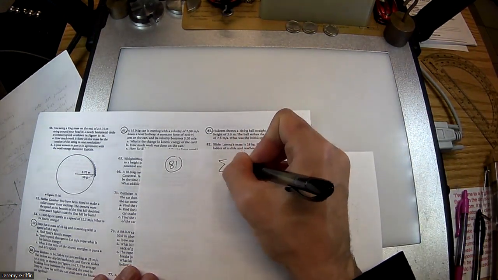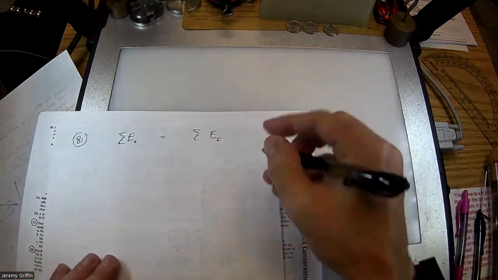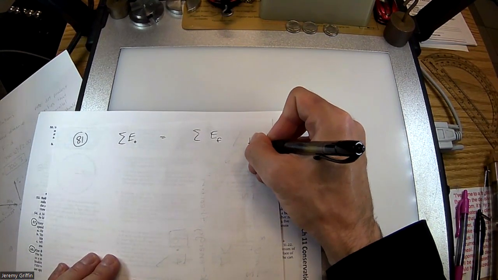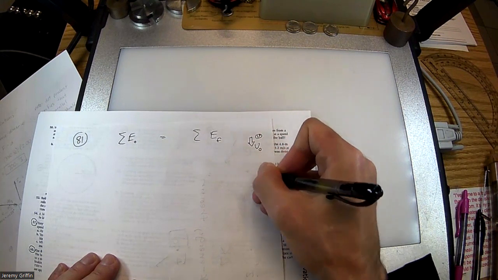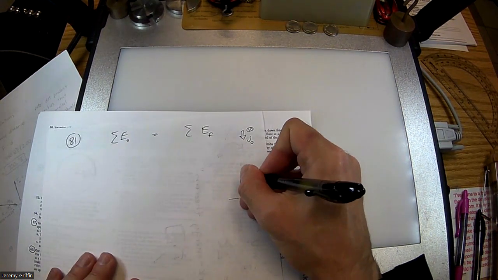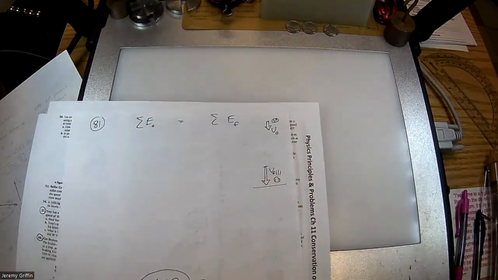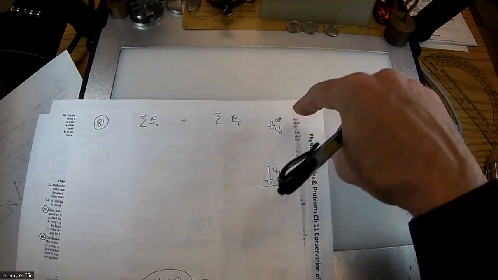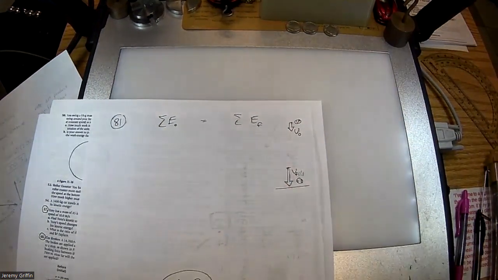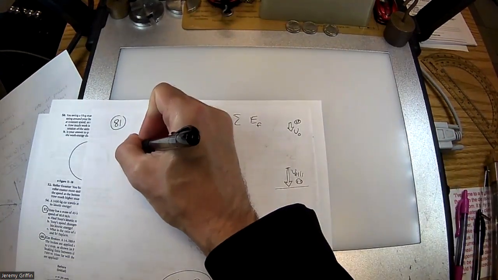Let's do sum of energy initial equals sum of energy final. Maybe here's a picture. Take a ball, we're going to throw it straight down. It has an initial speed, and then it's going to hit the ground at an even faster speed. What kind of energy does it have at the point that you threw it? It has gravitational potential because of this height, that's mgh.